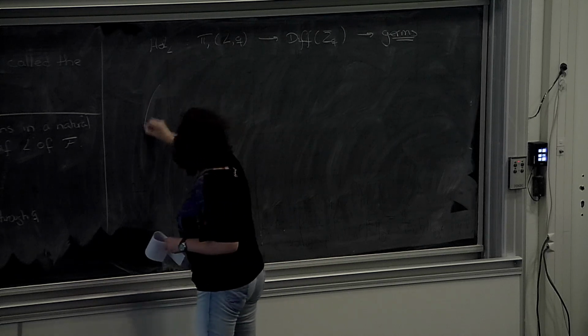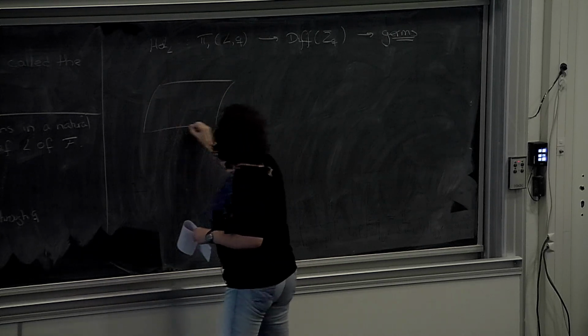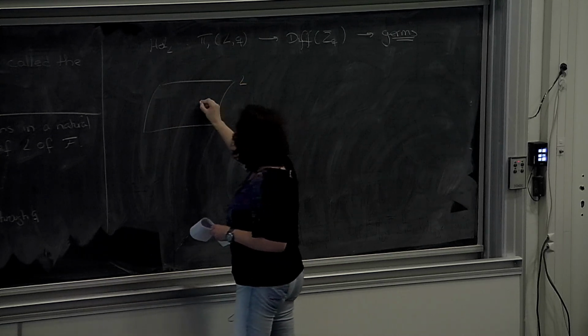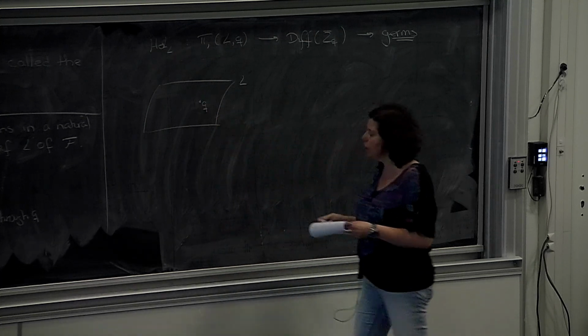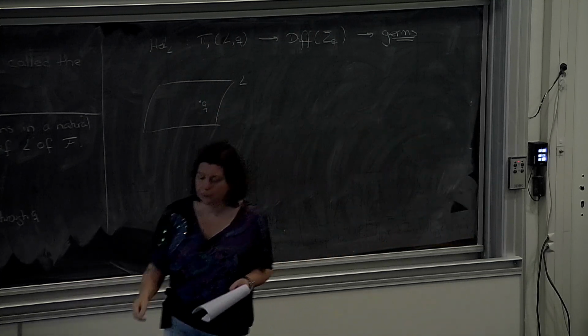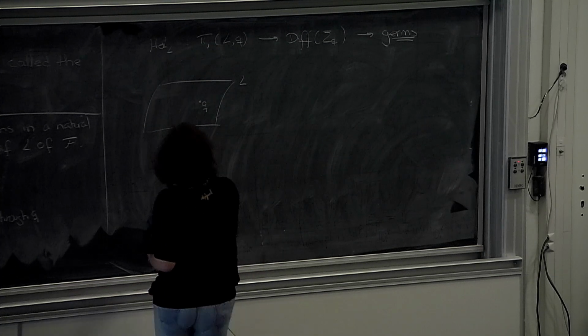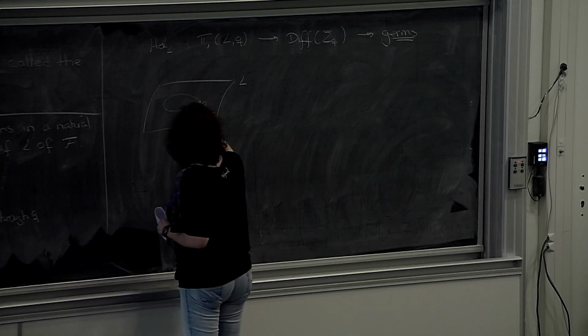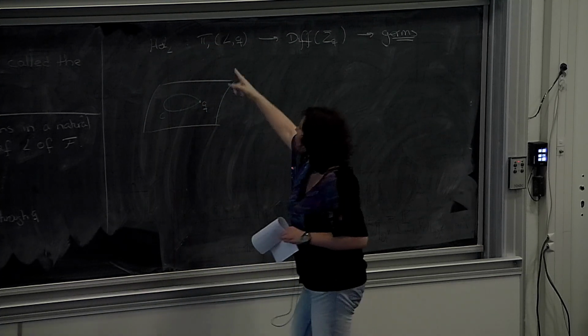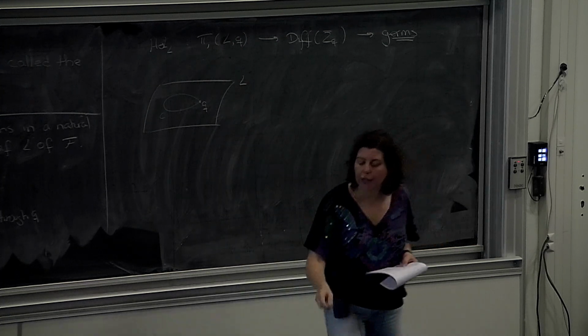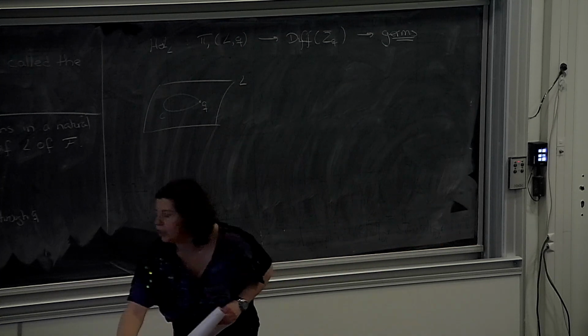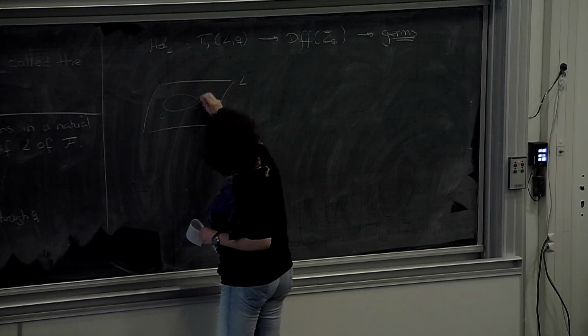And, okay, I have the leaf here. I have the point Q here. I have an element, a path C that I consider here, and I have my transverse section passing through this point.